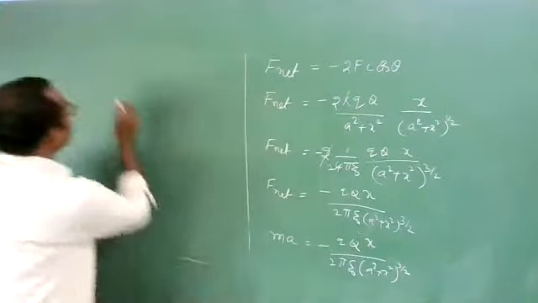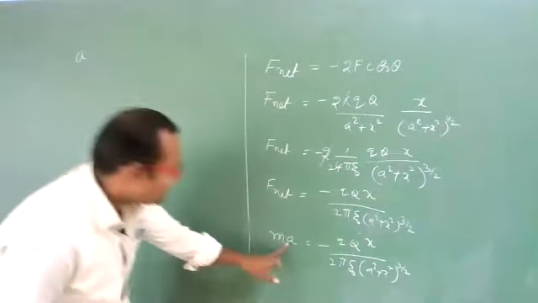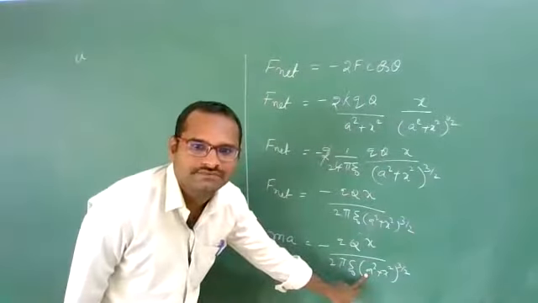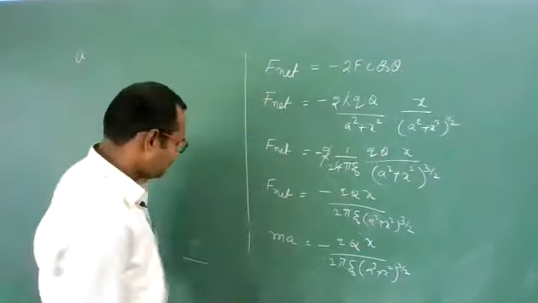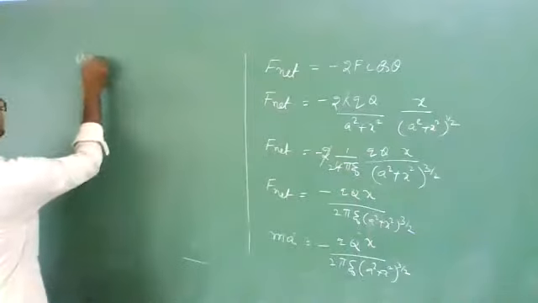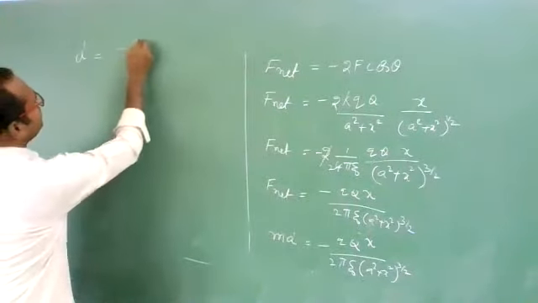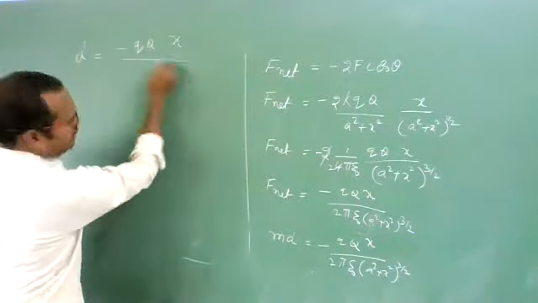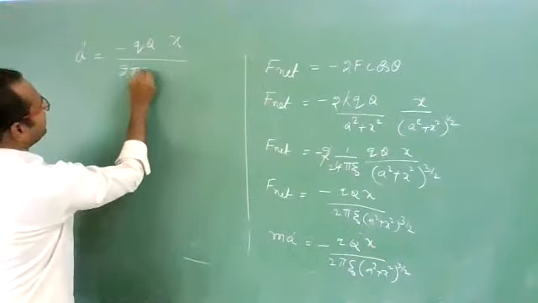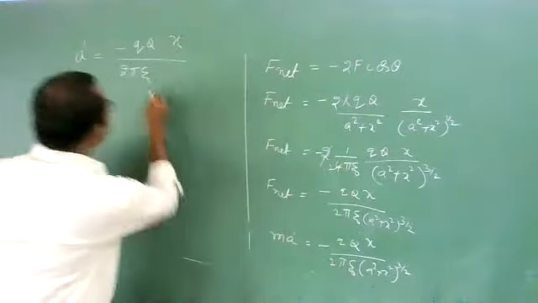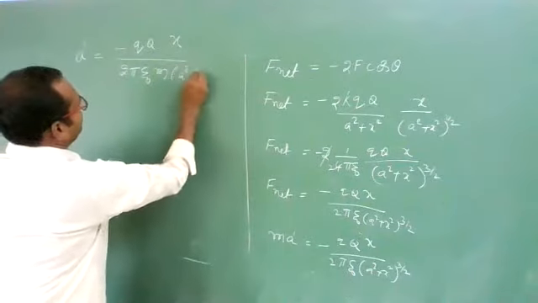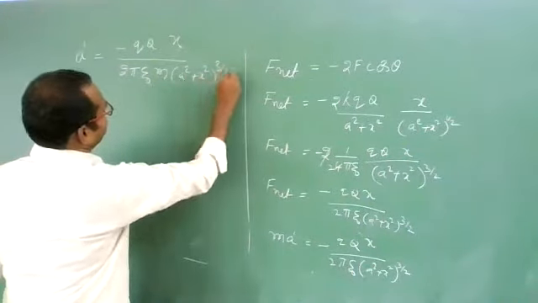M sent that side, you will get acceleration. This is the acceleration, this is distance from the charge particle. Acceleration, I'll write A dash, is equal to minus QX upon 2 pi epsilon naught M into (A square plus X square) whole power 3 by 2.